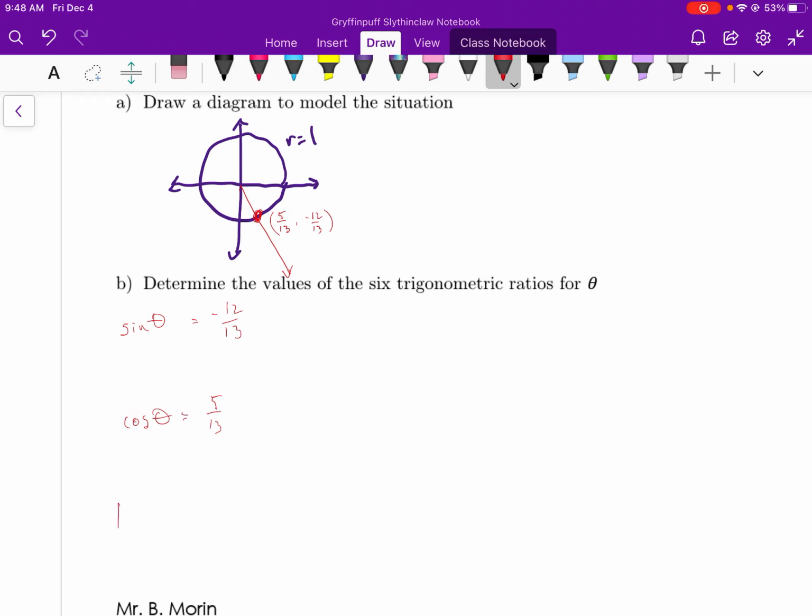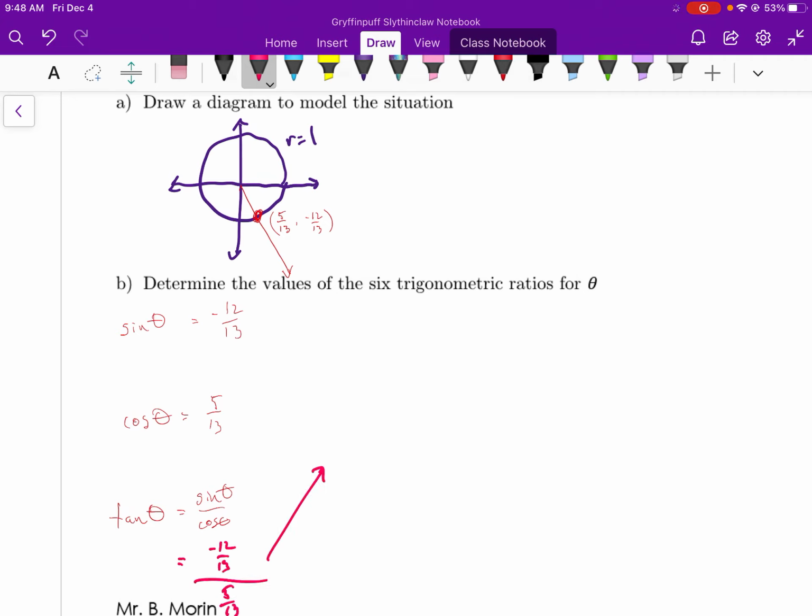And tangent theta might require a little bit of work. Tangent theta is the sine divided by cosine, if you wish, or the y divided by my x. And what I get here is tan theta is going to be negative 12 over 13 divided by 5 over 13.